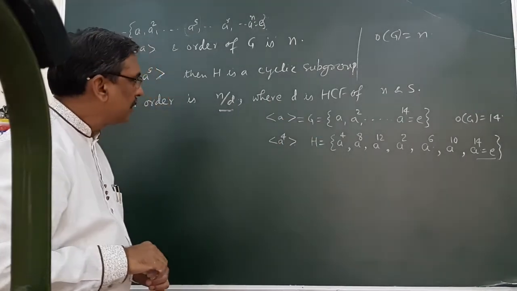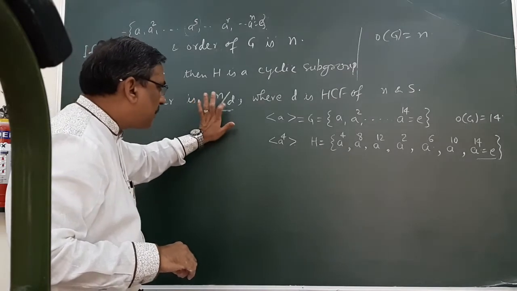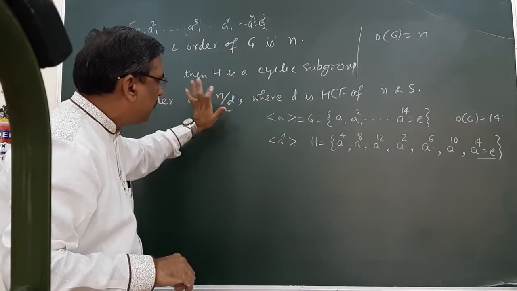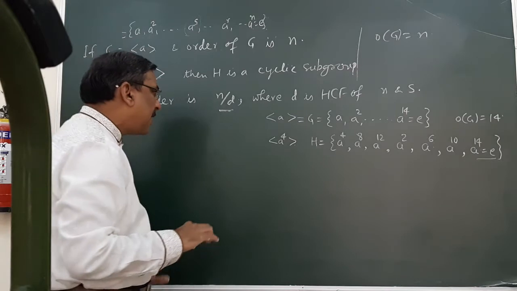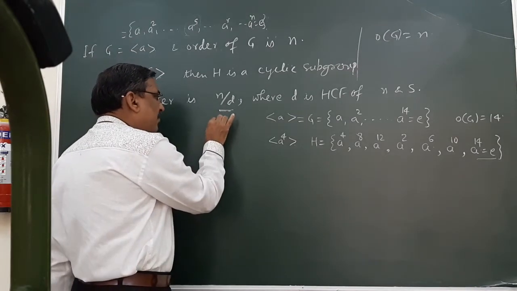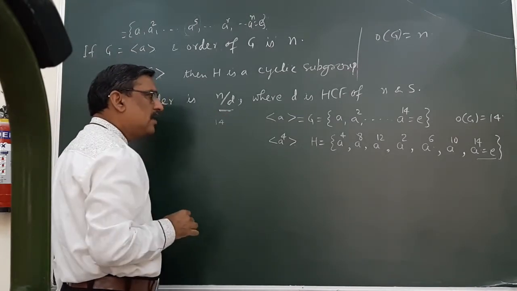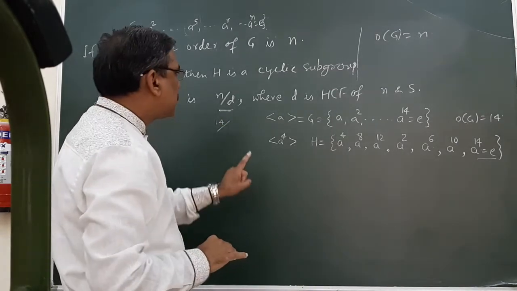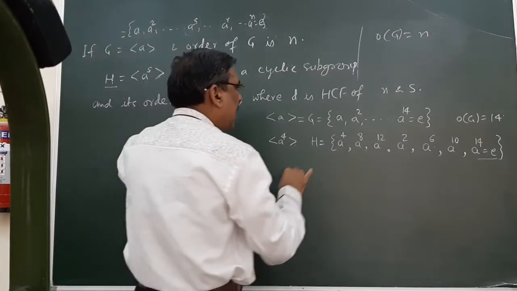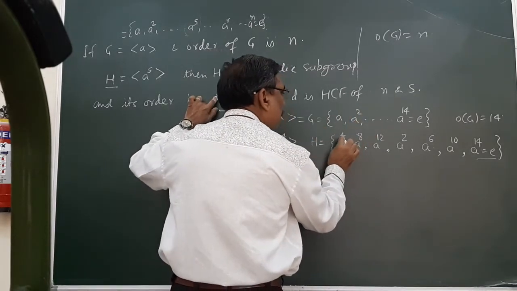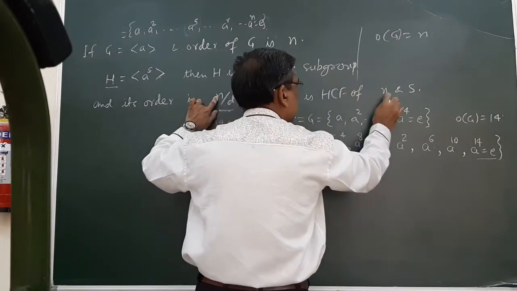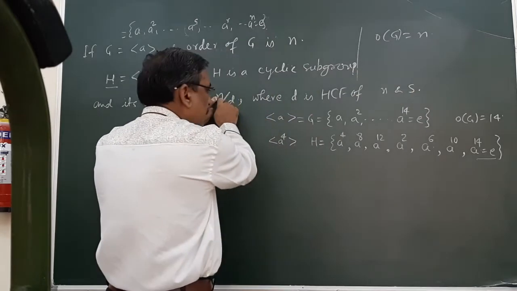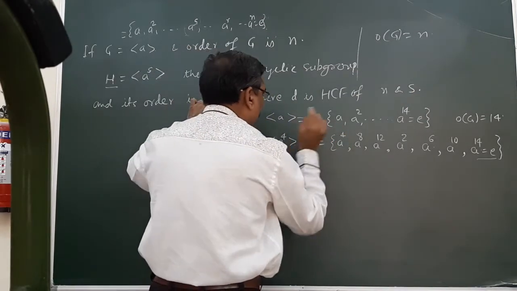Now, the order of this subgroup is given by n by d. Here n is 14. And what is d? d is the HCF of n and S. n is 14, S is 4.